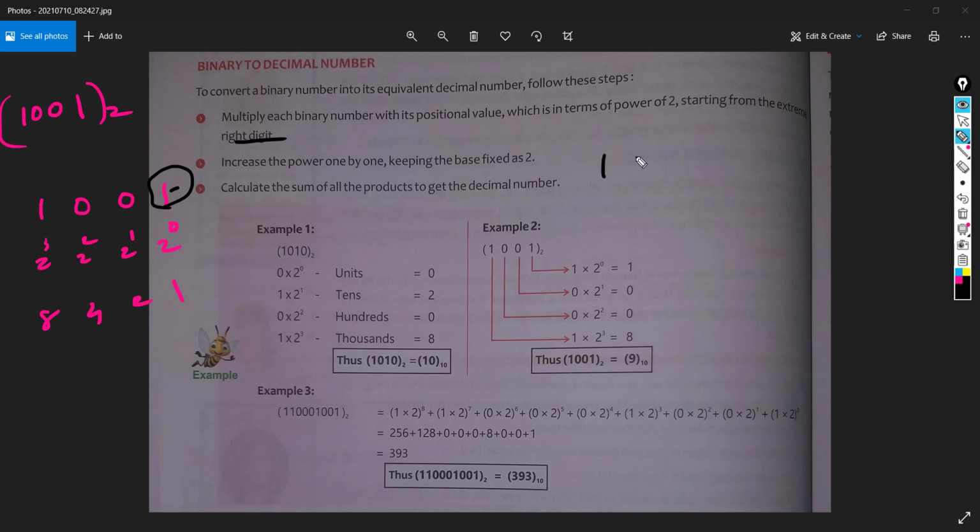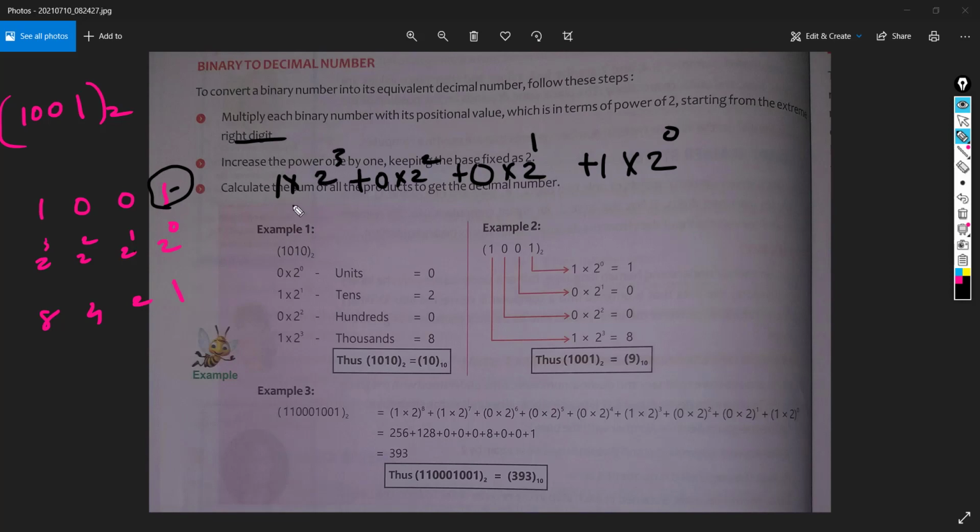So we take the first 1, multiplied by its positional value 2 raised to 0, plus the next digit 0 into 2 raised to 1, plus the next digit 0 into 2 raised to 2, plus the last digit 1 into its positional value 2 raised to 3.